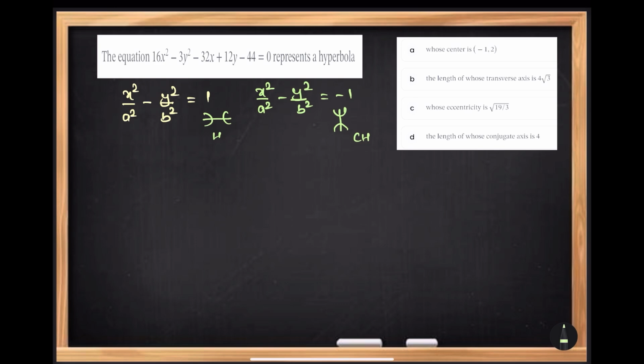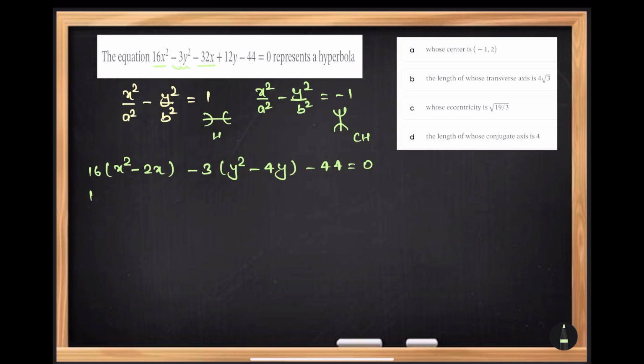So let's convert this equation into standard form first. For that, I'll try to make the coefficient of x square free from any number apart from 1. So I'll take 16 common here, giving x square minus 2x, and take 3 common from here, giving y square minus 4y, minus 44 equals 0. Let's complete the square.